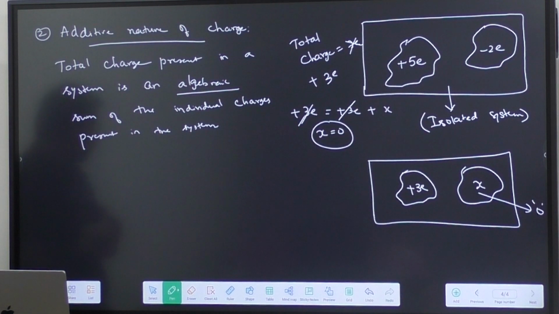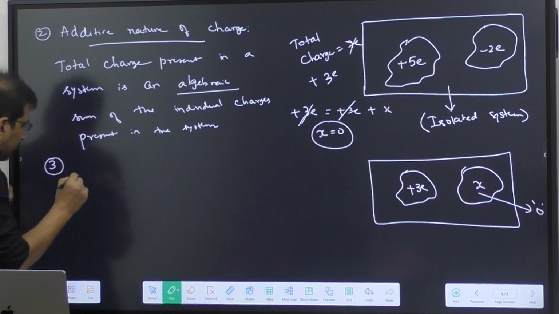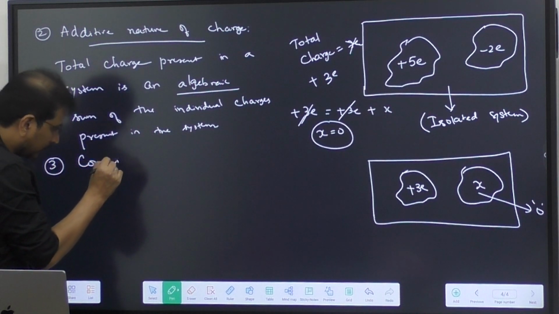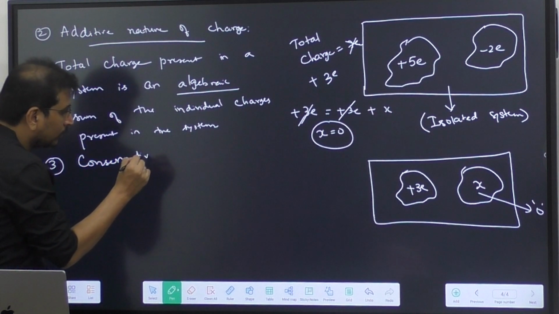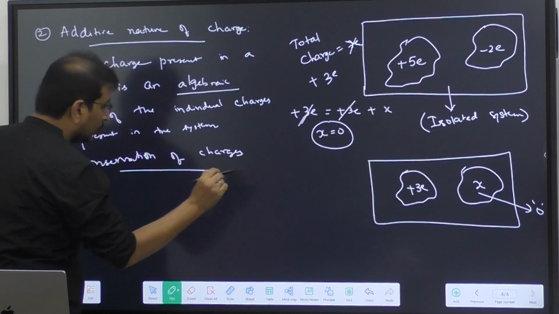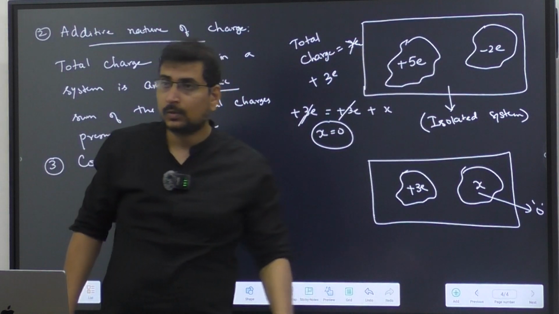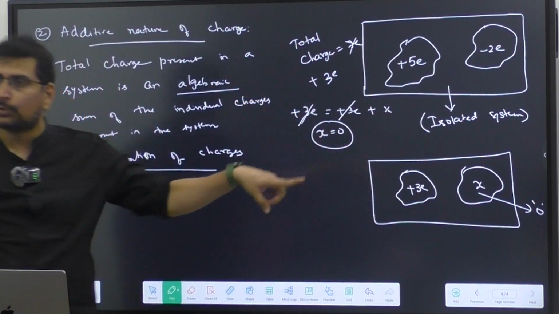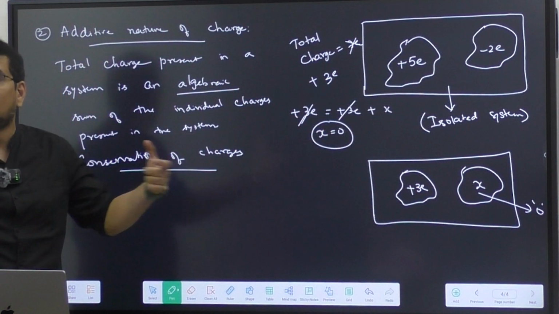So what is the next one I told you? Conservation of charge. You give me a statement for it. Now for here you will use conservation of charges. The total charge present in what kind of a system? Isolated system is always a constant.